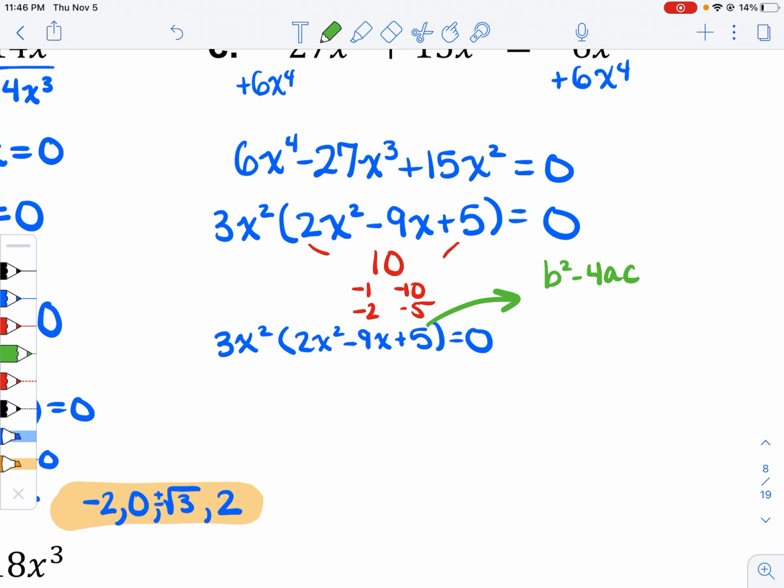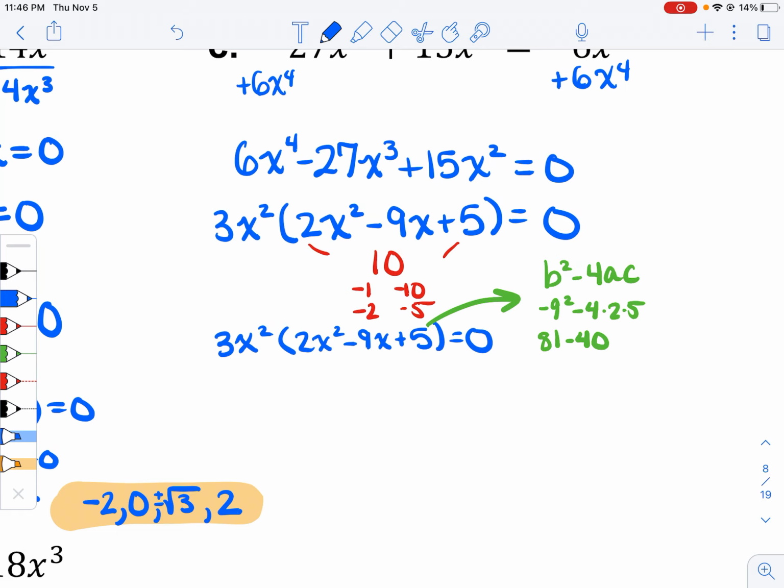So this would be -9 squared minus 4 times 2 times 5. So we would have 81 minus 40. So this is a real solution, but we'd have to put it through the quadratic formula. I don't think I put any like this on your homework, so I'm just going to call this good enough.